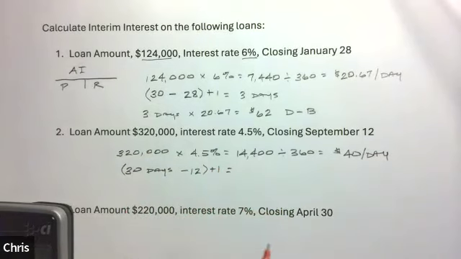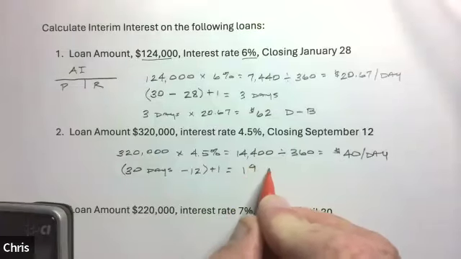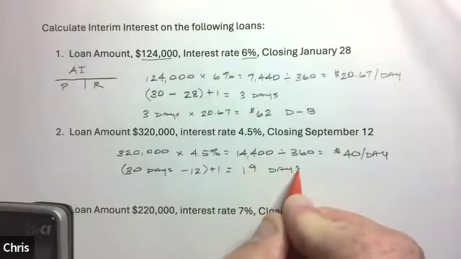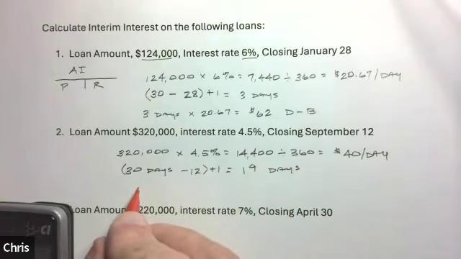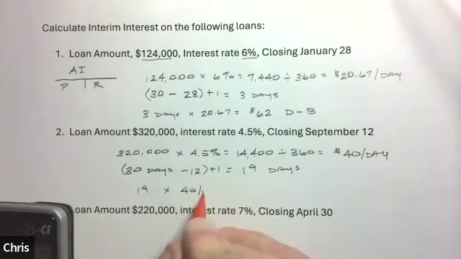So 30 minus 12 is 18 plus 1 is 19 days. And finally, we have 19 days times $40 per day. This is not an insignificant amount of money. This is going to be 760 bucks, it looks like.